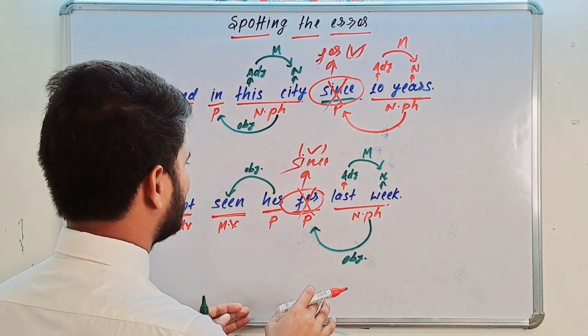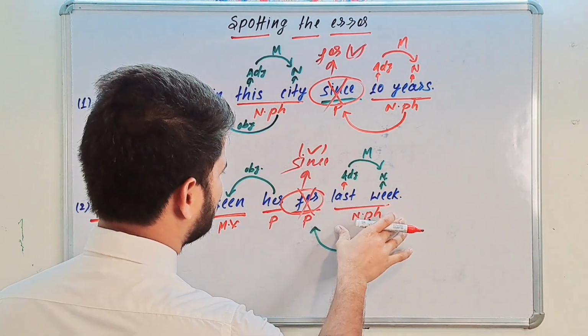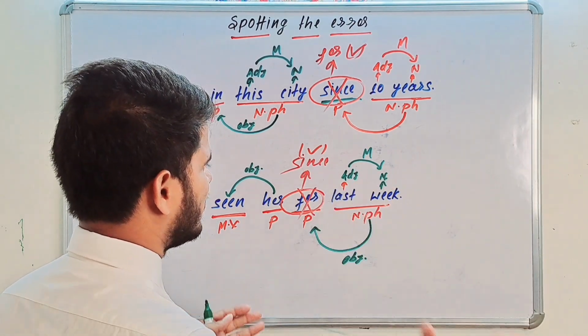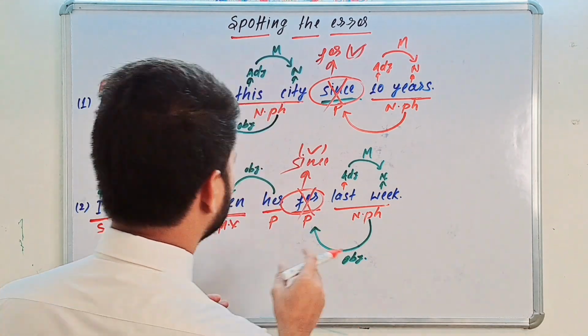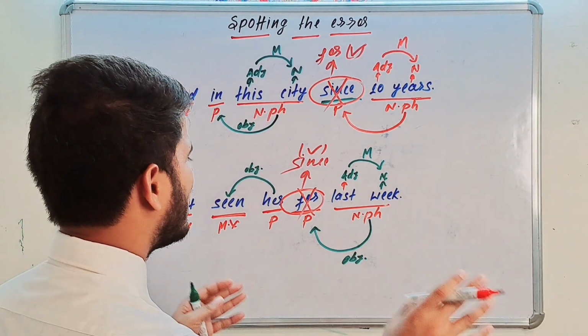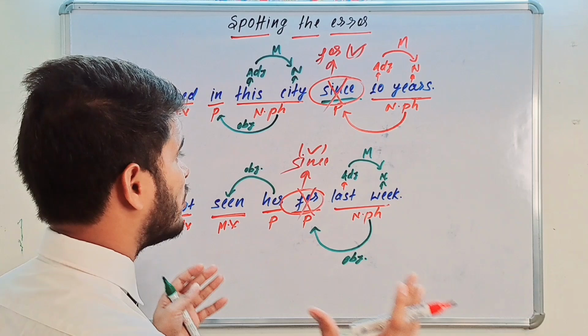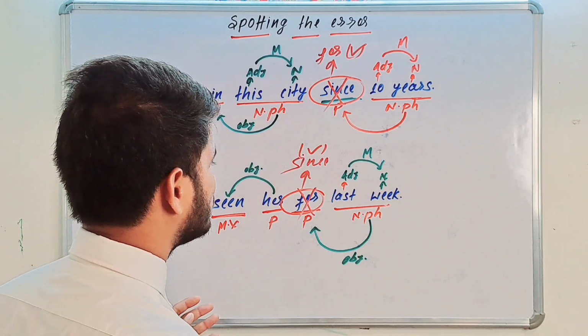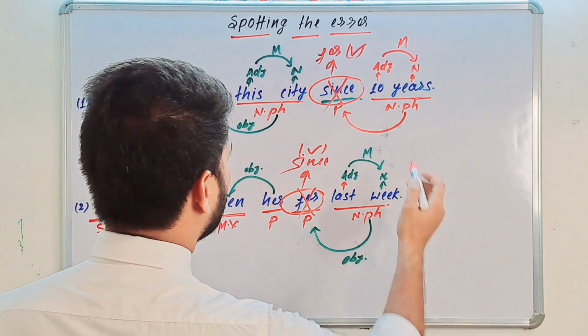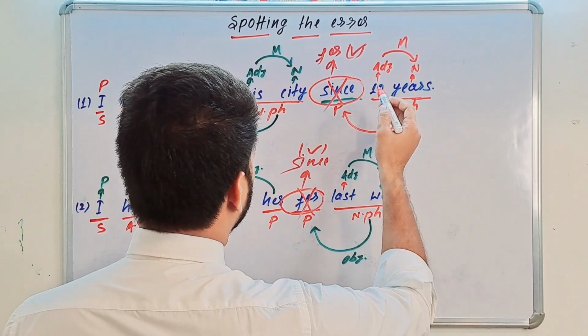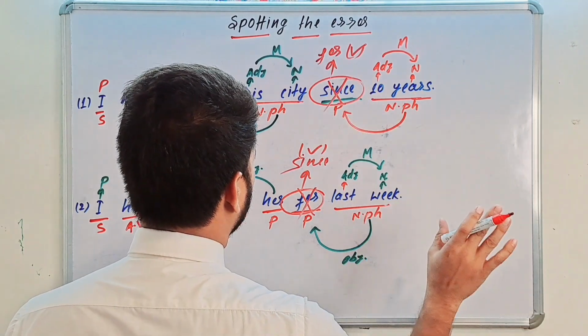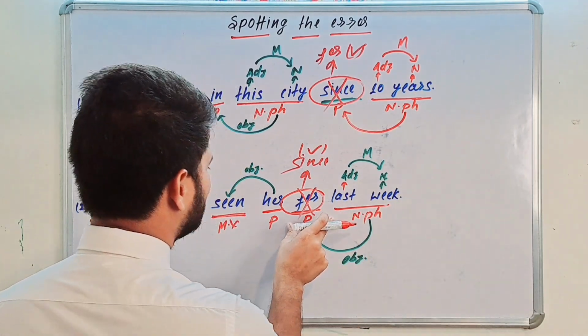I have not seen her since Tuesday. The preposition since is used to denote a starting point of time, not a period of time. For a period of time, we use the preposition for. So that's why this is the error part.